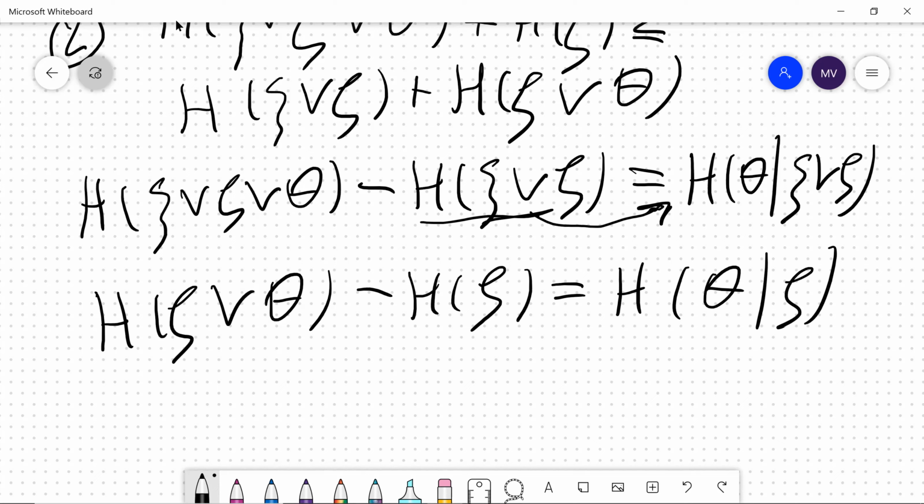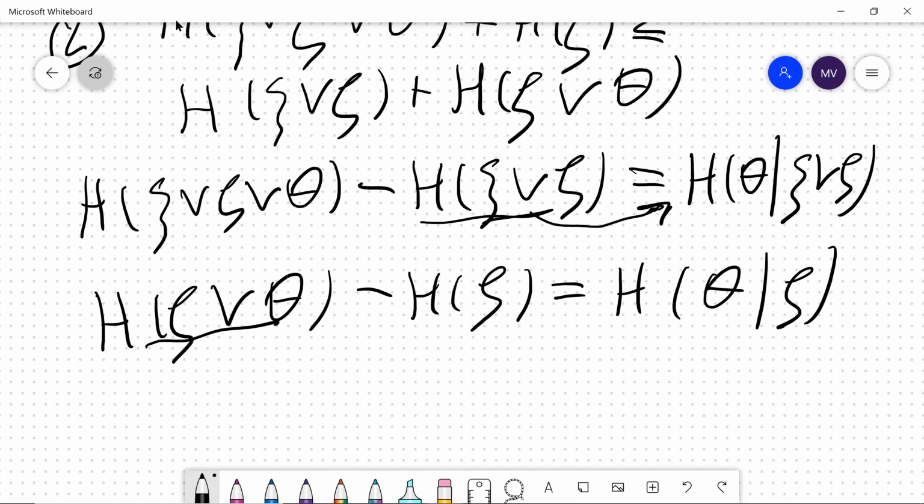Again, this is the same property, and this is the way that we can express h of the union of zeta and theta as a sum of h of zeta and the conditional entropy of theta with respect to zeta.